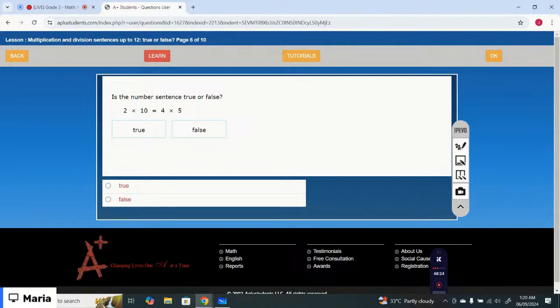True it is, right? 2 times 10 is 20 and 5 times 4 is 20. So true it is. Option number 1 is the correct option.